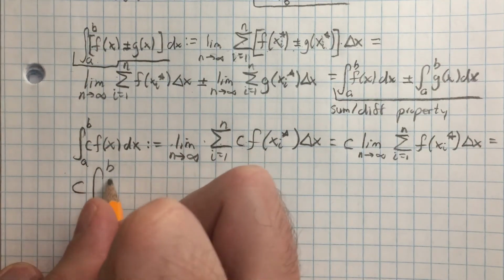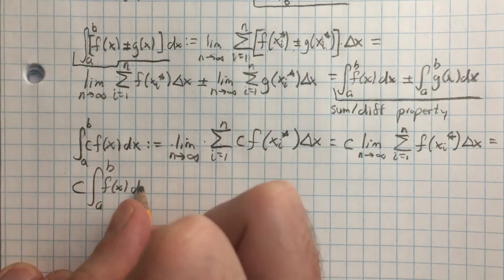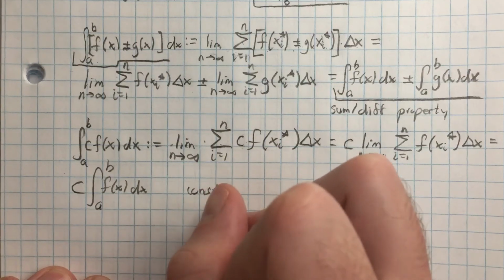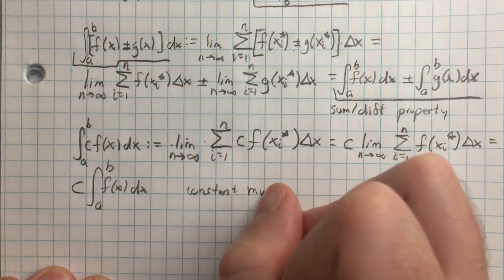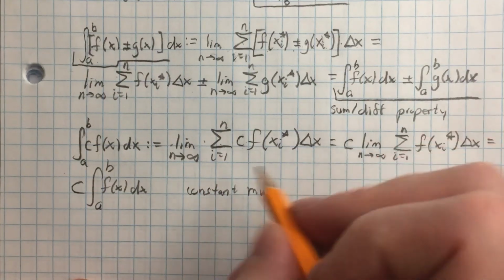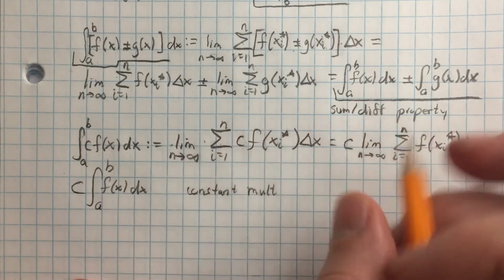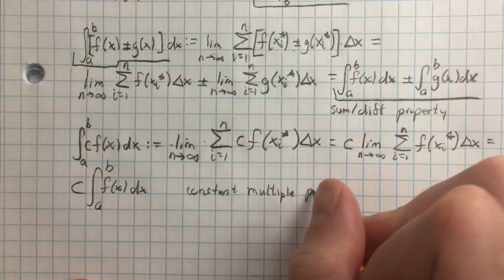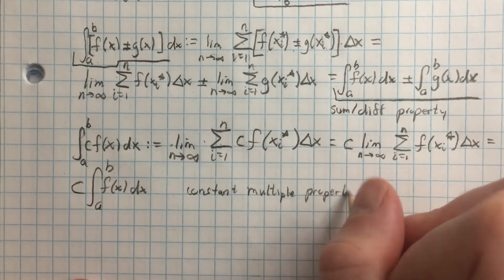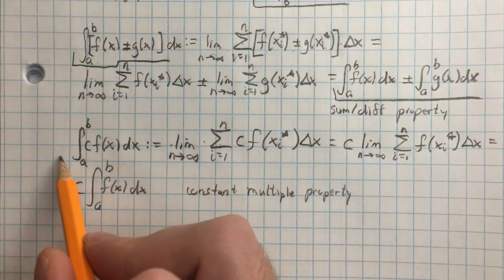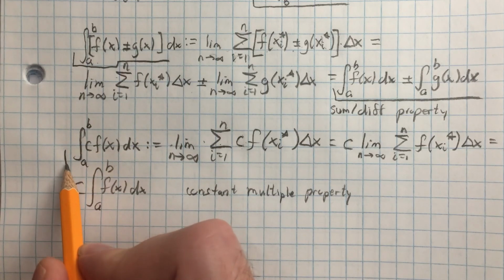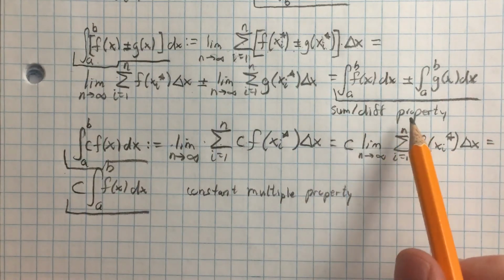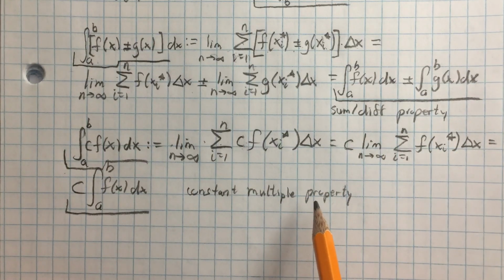So a to b function dx. So we have a constant multiple rule for integrals, just like for derivatives, summations, and limits. Okay. So that's two important properties. All right, the sum difference property and the constant multiple property that it shares with derivatives, so that should be easy to remember.